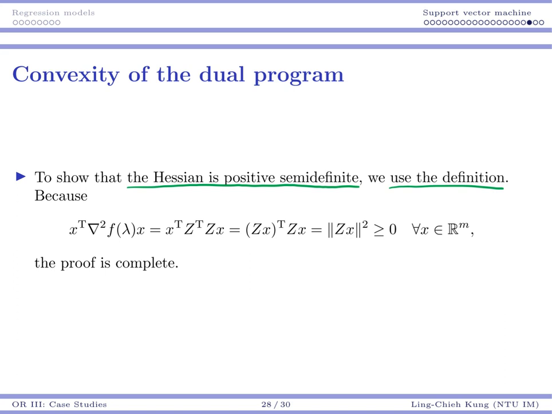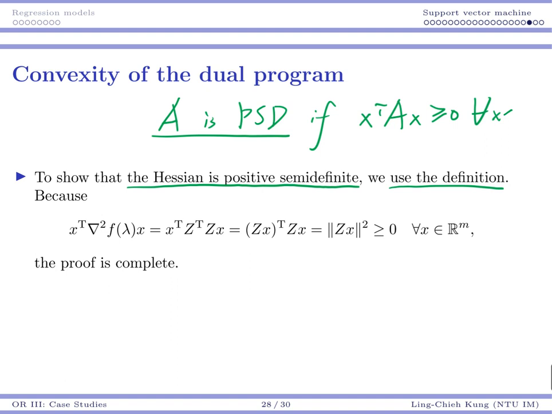The definition is that a matrix A is positive semi-definite if x transpose A x is non-negative for all possible x of appropriate dimensions. If this is the case, A is defined as positive semi-definite.